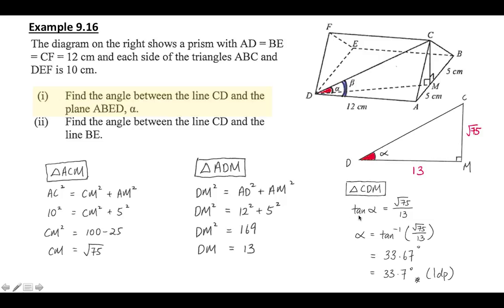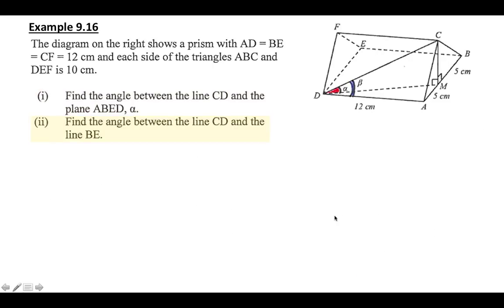So there we have it. Tangent alpha equals to opposite square root 75 over adjacent 13. To solve for alpha, we do an arctangent of square root 75 over 13, and that gives us an answer of 33.7 degrees, rounding off to 1 decimal place.